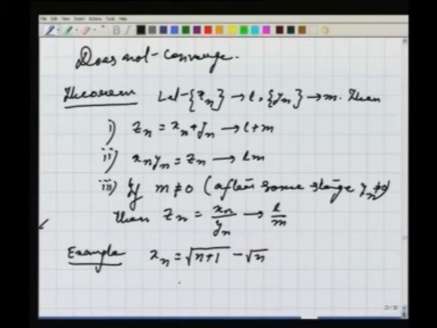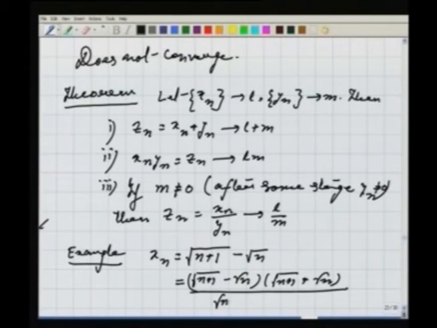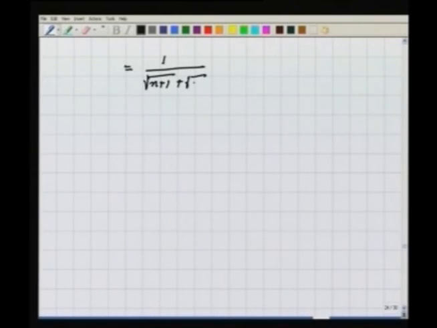What we do is a very simple thing. I write it as root n plus 1 minus root n into root n plus 1 plus root n, and then I divide it by root n plus 1 plus root n. Now the numerator is simply 1. So what I get is 1 by root n plus 1 plus root n, and I want to show this converges.